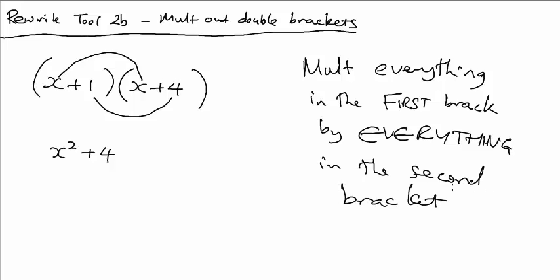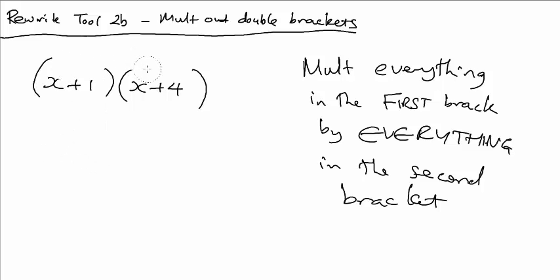Yeah? Think about that for a second. Multiply everything in the first bracket by everything in the second bracket. That's it. So, now if you're kind of doing this, obviously I'm going to keep reiterating what I think is important.